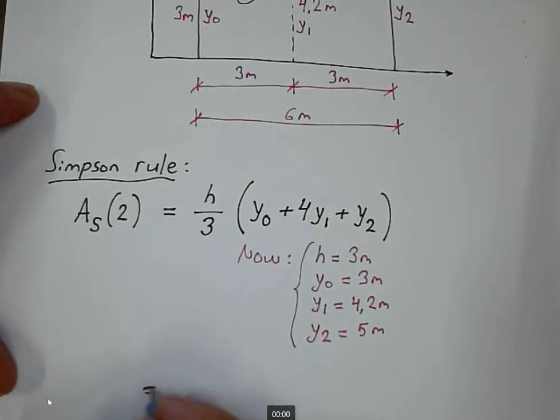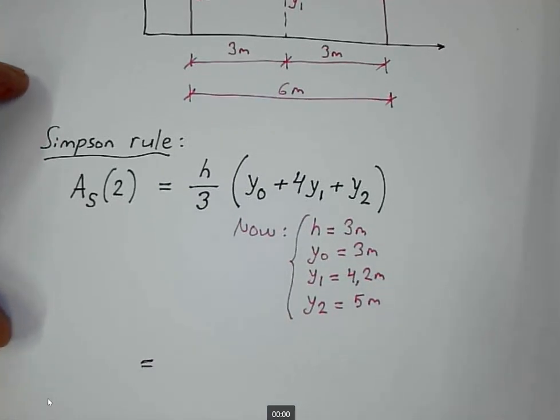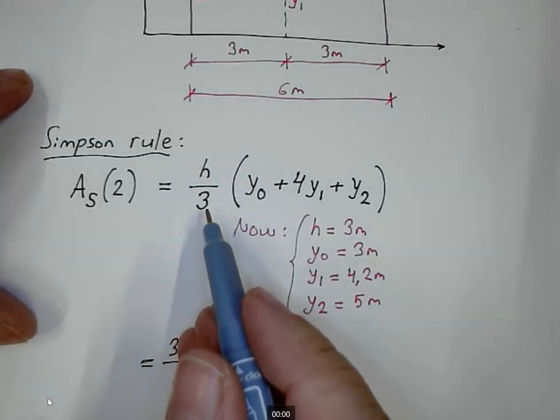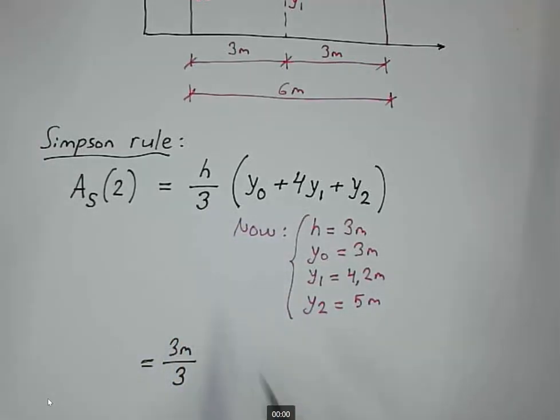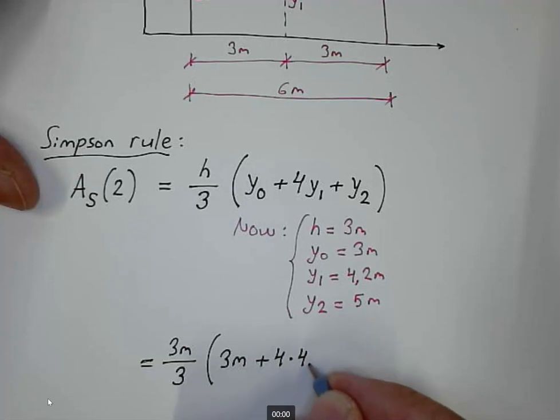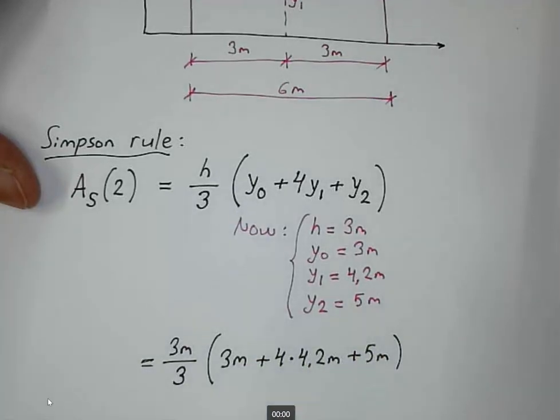So if we add those numbers to the formula, we get 3 meters divided by 3. This is always the number 3 in that formula. And then we have 3 meters plus 4 times 4.2 meters plus 5 meters.